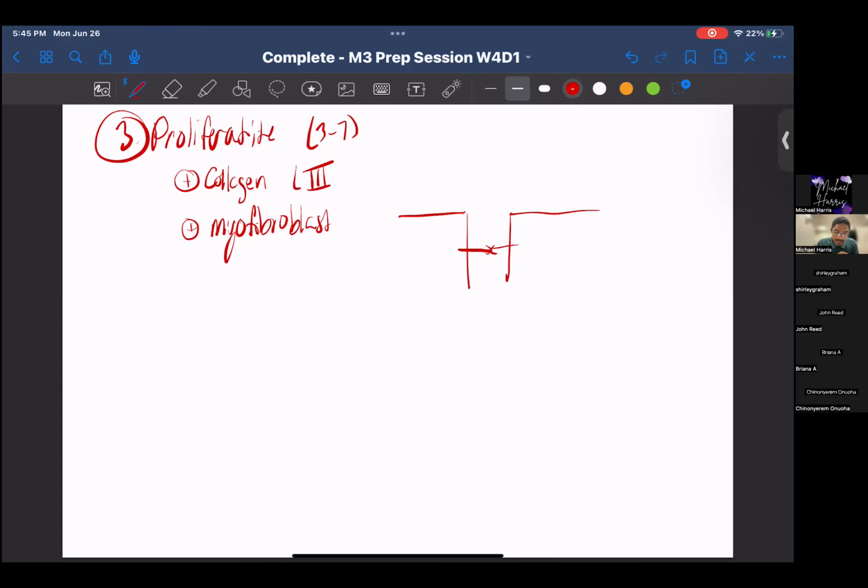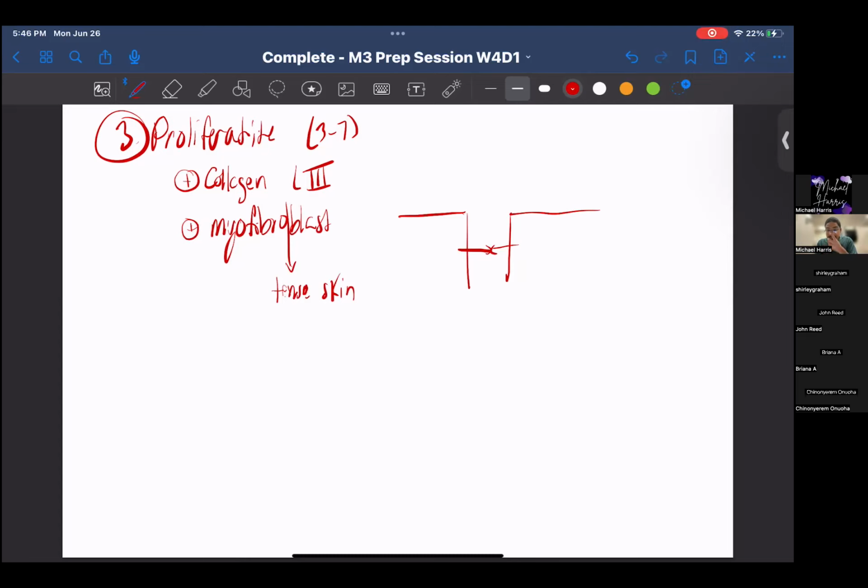So this is a guy that is responsible for having very tense skin whenever you have wound repair from burns. If you've ever seen someone who's had really bad burns and you look at their skin, that skin is very tight and taut because these myofibroblasts have wound contracted and they've made the skin very taut where it was very elastic.